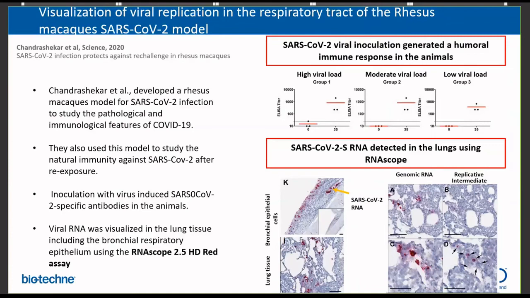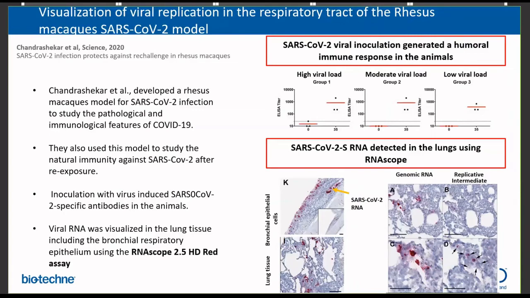In this paper, scientists from Harvard Medical School developed a rhesus macaque model for SARS-CoV-2 to study the pathological and immunological findings of COVID-19. In addition, they also used this model to study the natural immunity against re-exposure to this infection.